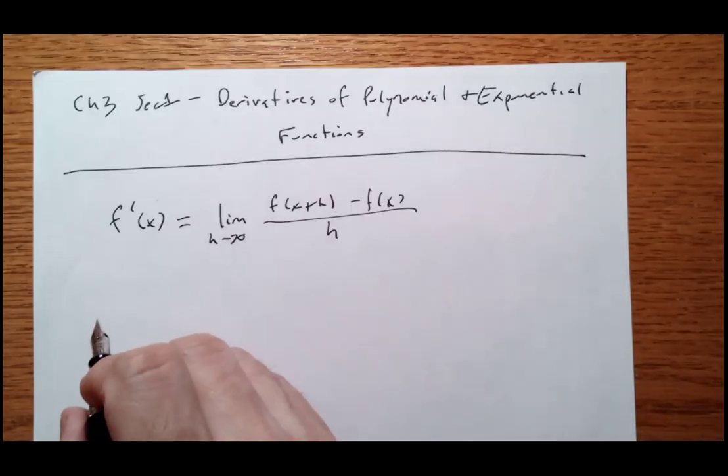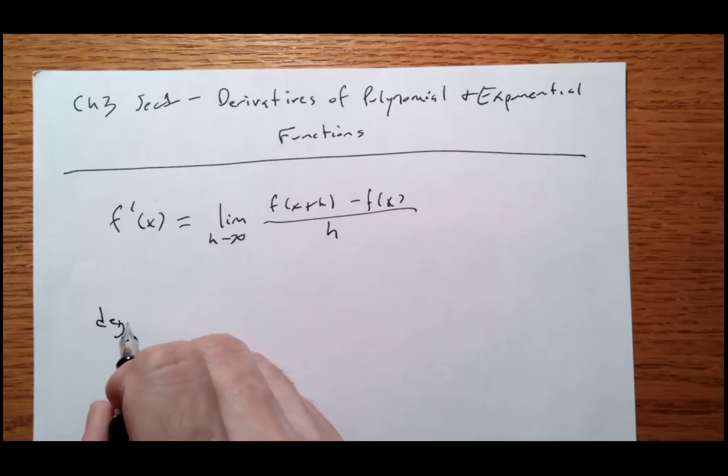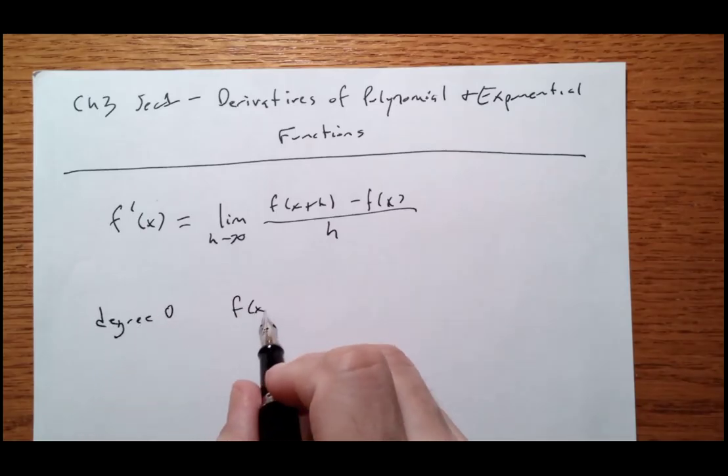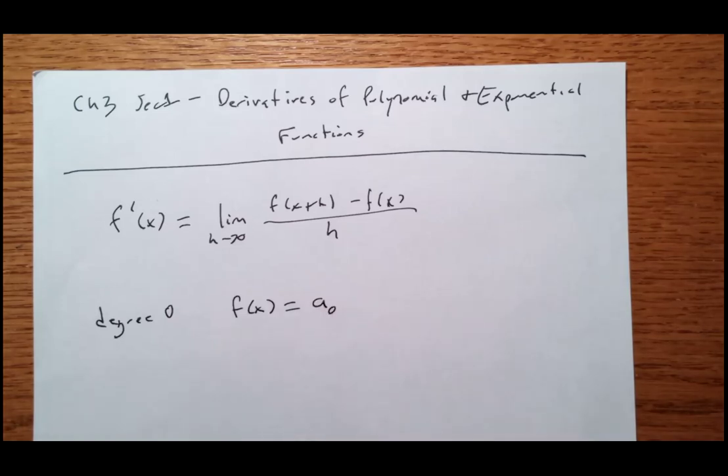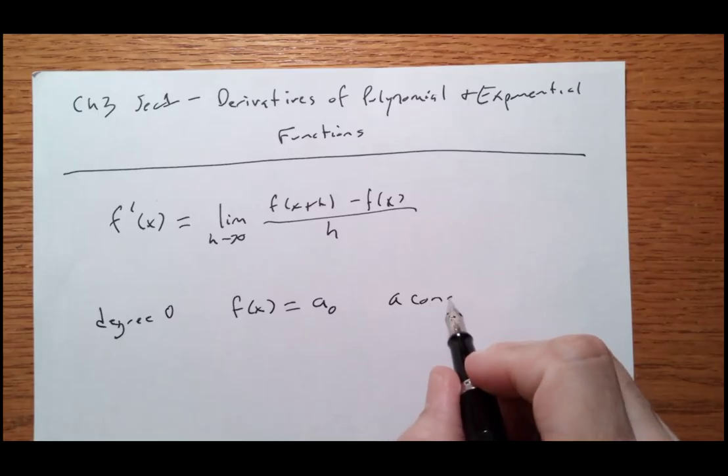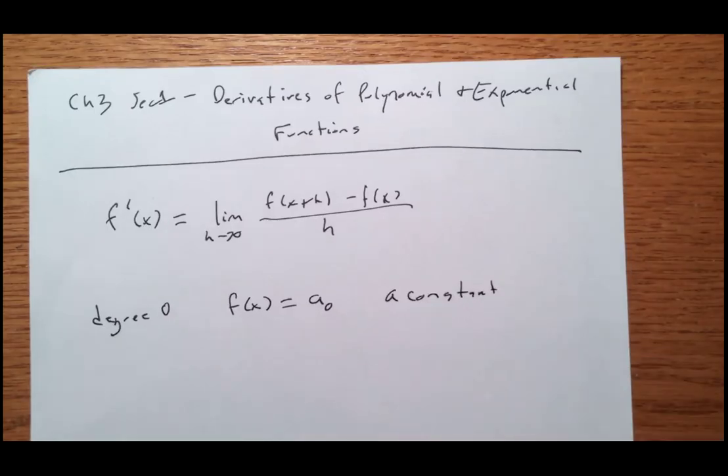So let's start with a polynomial of degree 0. That means we have a constant. If I asked you to graph this, this would look like a horizontal line. Wait a minute, what's the slope of a horizontal line? Most of you should be saying 0 right now.